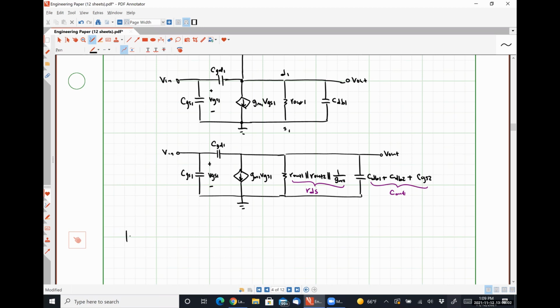finding out that we have a pole omega p out here.